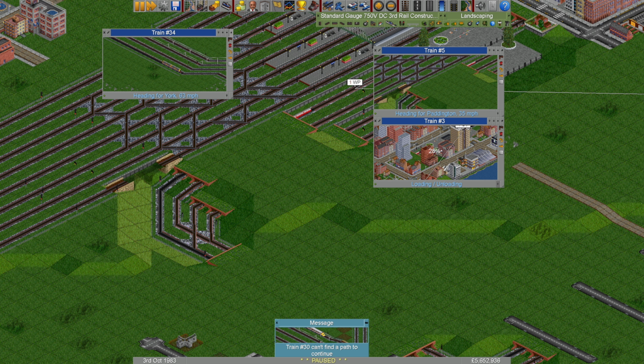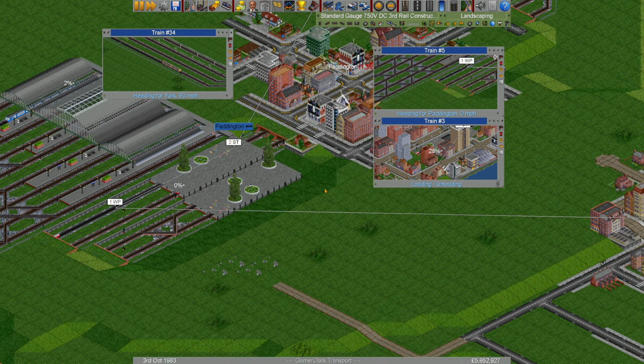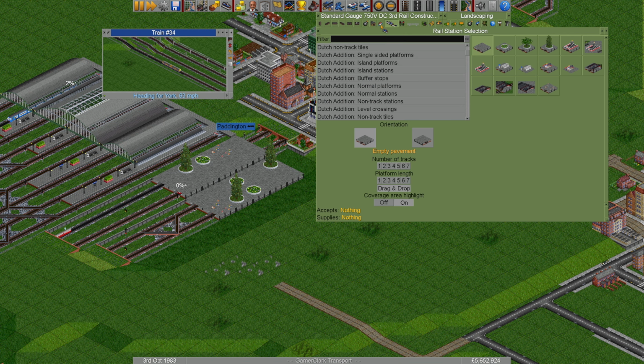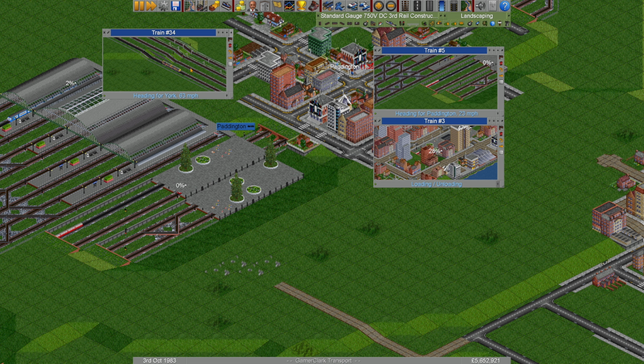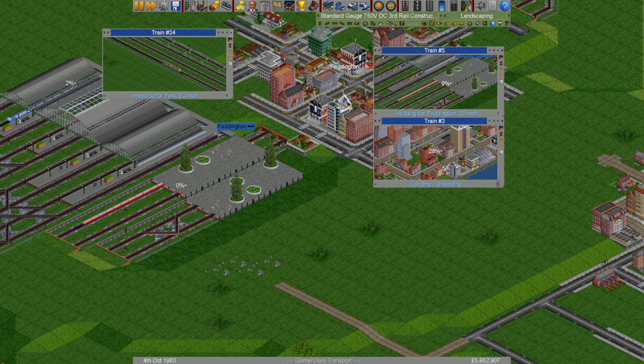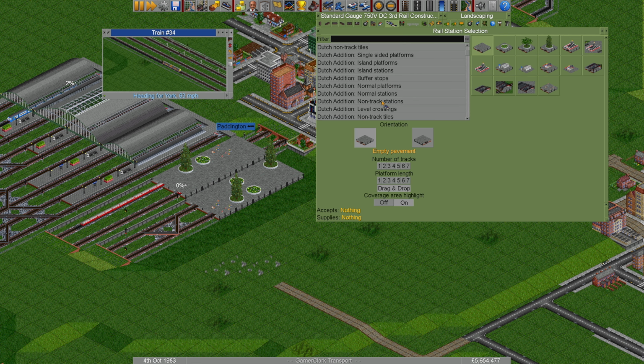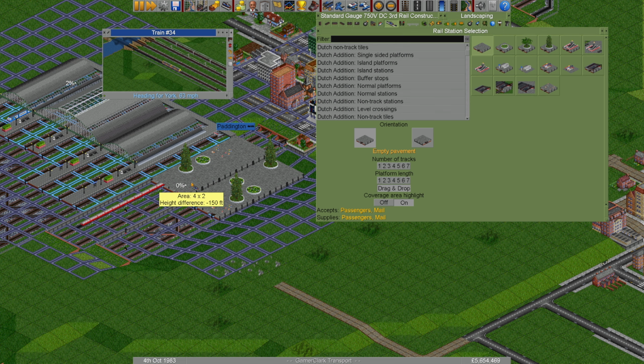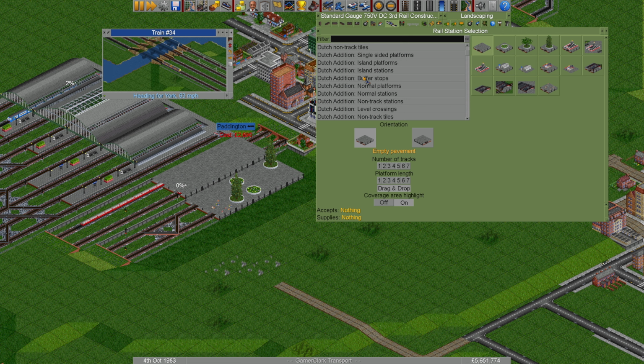So I need to fix that in between. And it looks like... let's see, does that find its way into Paddington? No, I think it's these station tiles that I've been experimenting with, making things look nice. It's obviously backfired a bit.